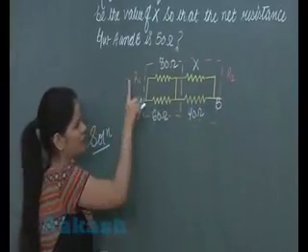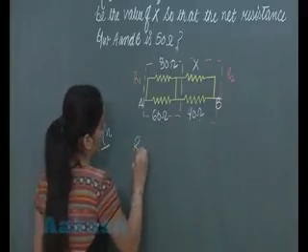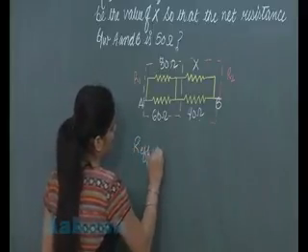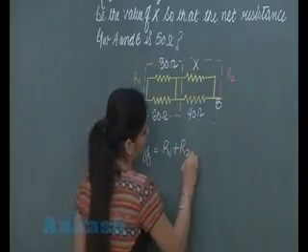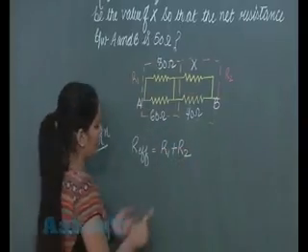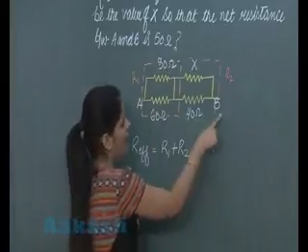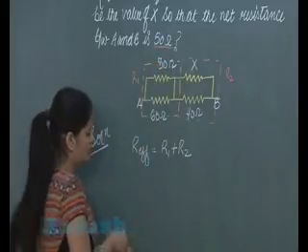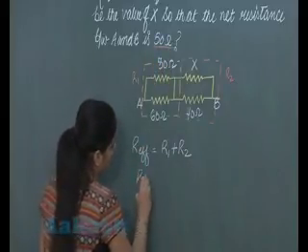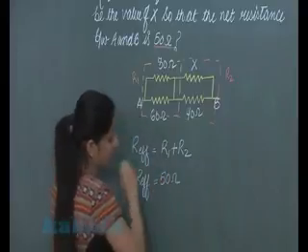Now student, we know R1 and R2 are connected in series. So R effective is given by R1 plus R2. It is given in the question that the effective resistance between A and B is 50 ohm. So R effective is 50 ohm.